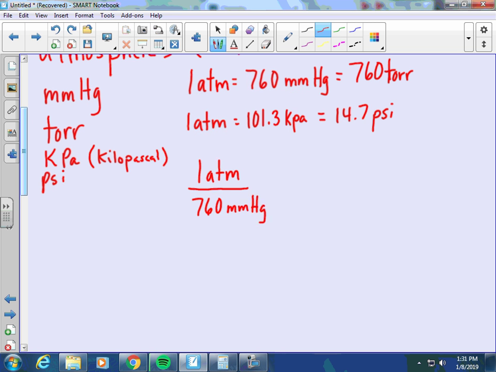This would help me if I ever have to convert between atmospheres and millimeters of mercury. Okay? I can flip it around and say the other way too. I can also say there are 760 millimeters of mercury for every 1 atmosphere. This line in the middle, like I've told you before, really stands for quote unquote for every.